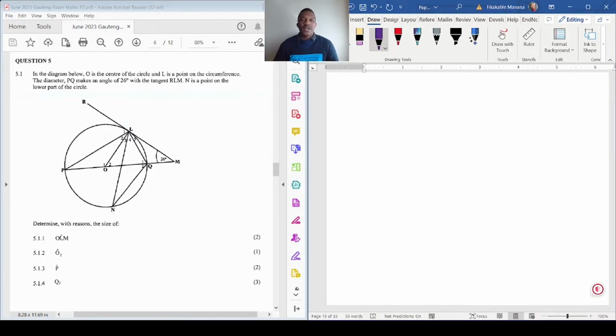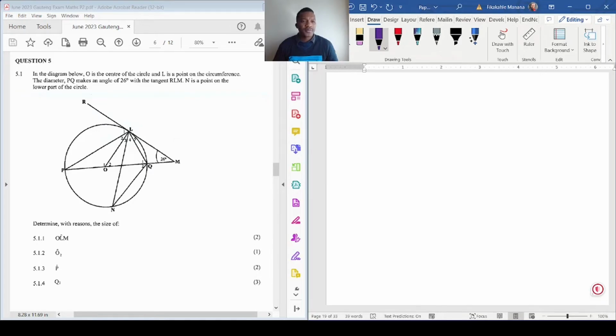My name is Firagasha Manana, and we're still doing the 2022 June examination for Gauteng province. Okay, we're doing paper 2, and we're now in question number 5. Let's read the question. It says in the diagram below, O is the center of the circle, and L is a point on the circumference.